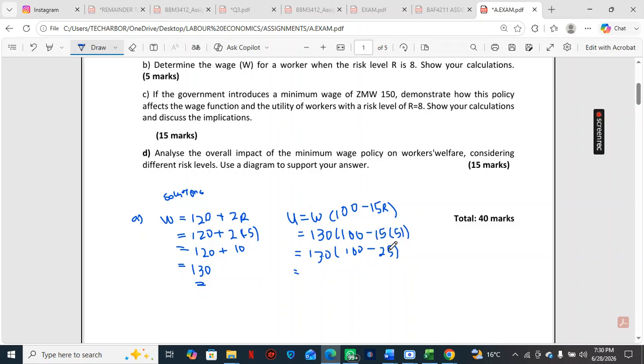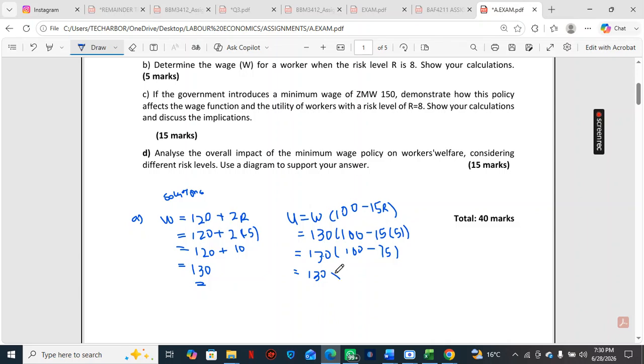So 15 times 5, that is 75. 100 minus 75, that is 25.